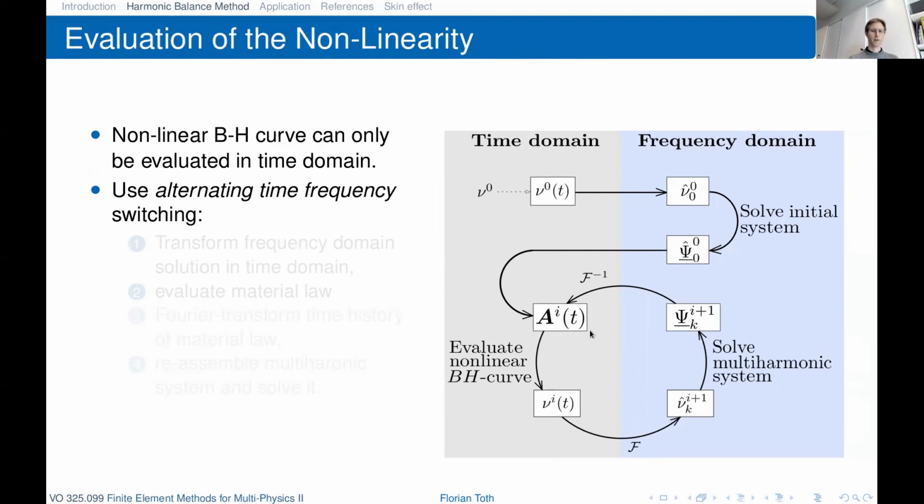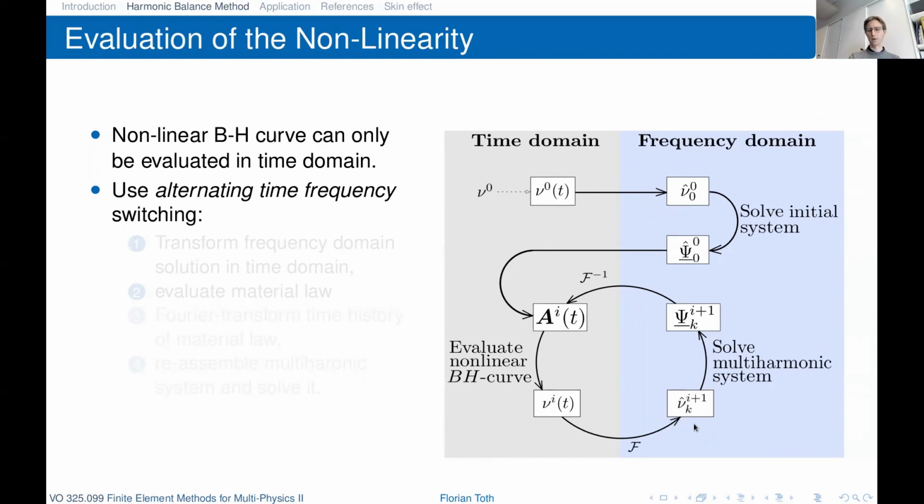So we have in the time domain a periodic solution, and with this periodic solution for each material point, we can evaluate the nonlinear BH curve. And then we get our time signals of the reluctivity, which we can straightforwardly Fourier transform to get the Fourier coefficients we need in the assembly of the updated system matrix.